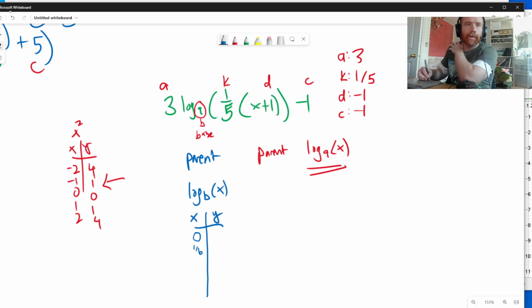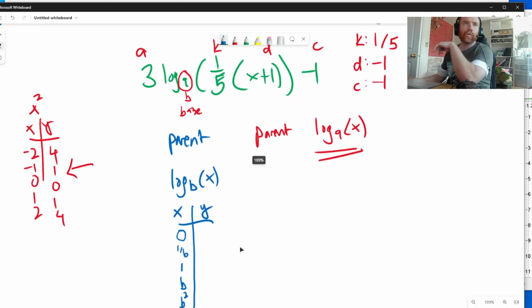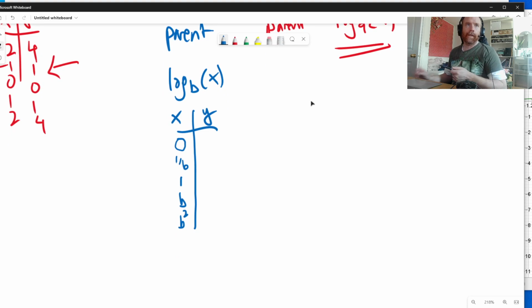Let's say 1, b, and b squared. There's some argument here. You could use more points if you needed to, but I think this should be enough basically every single time. So we're going to create a parent function like this.